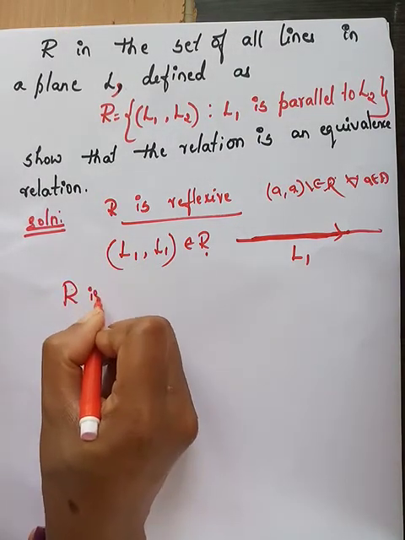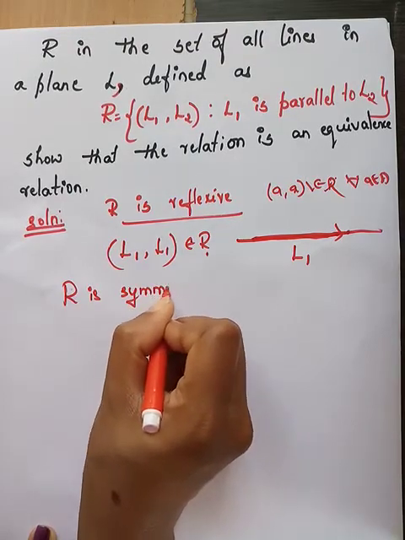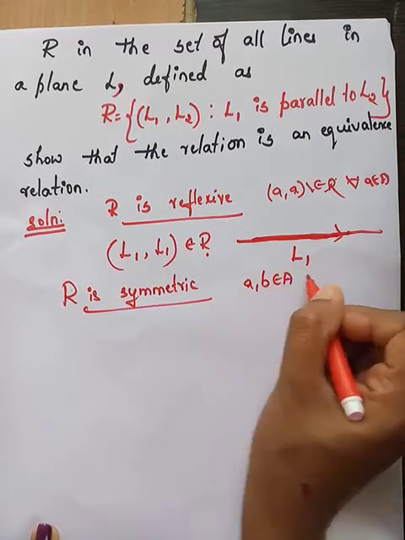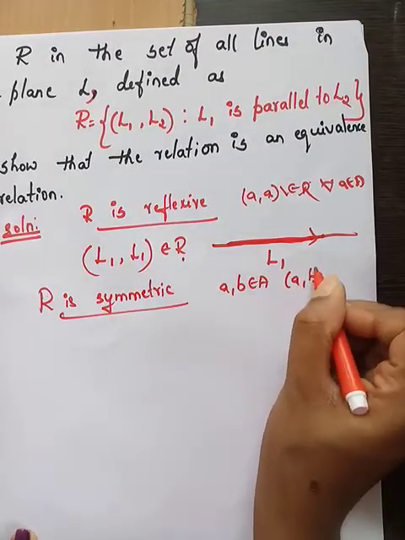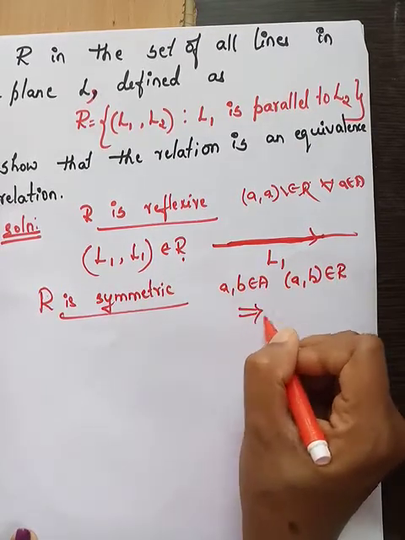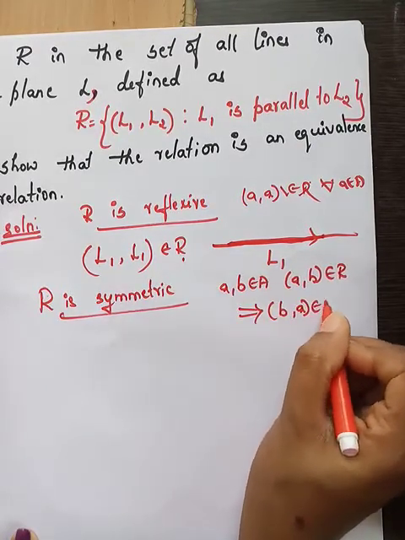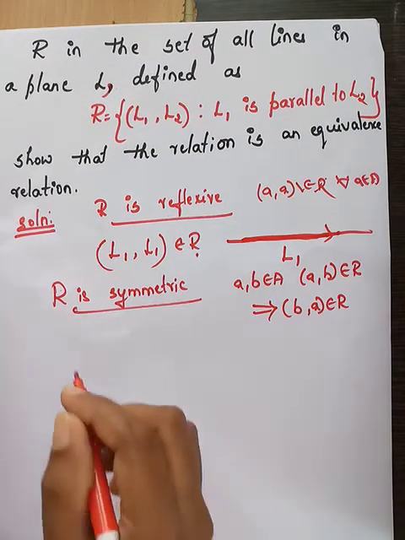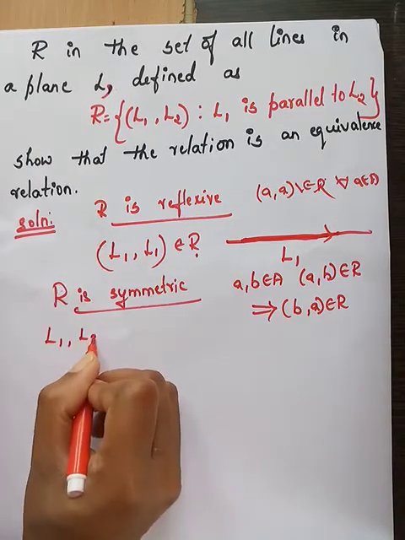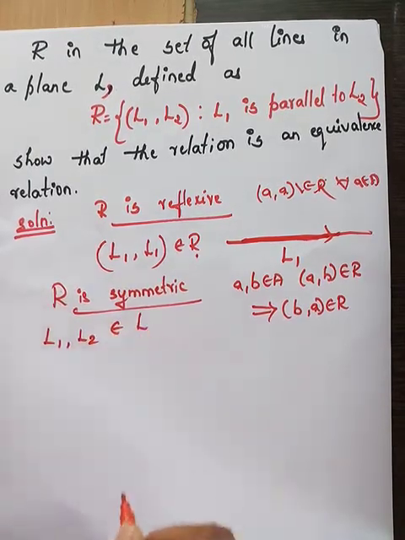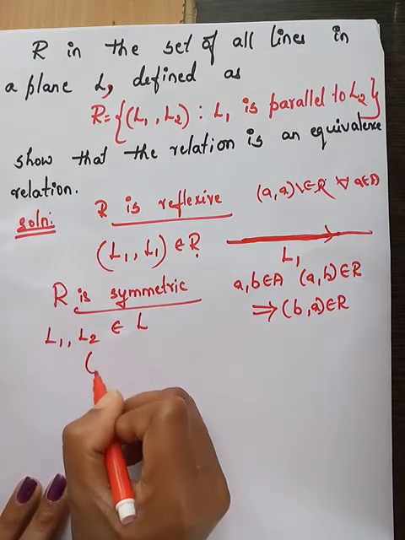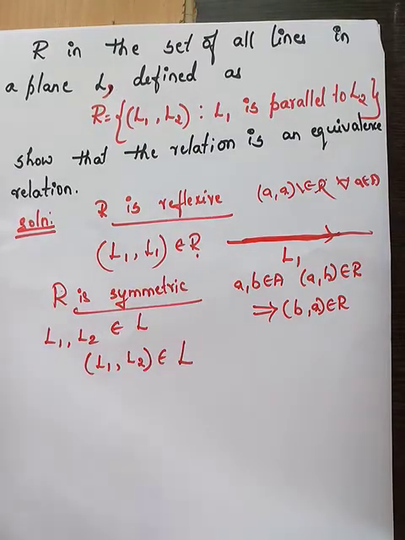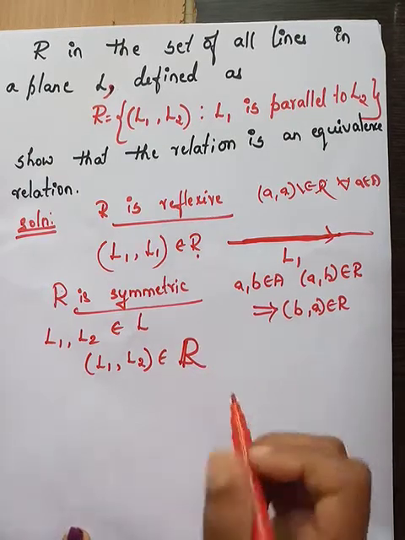Now coming to symmetry. How to prove that a given relation is symmetric? Suppose you have two elements a, b belongs to A, and if the ordered pair (a, b) belongs to R, and you can show the reverse, that is the ordered pair (b, a), also in R, then the relation is symmetric. So I'll consider two lines L1 and L2 belonging to L. I'll assume that the ordered pair (L1, L2) belongs to the relation.